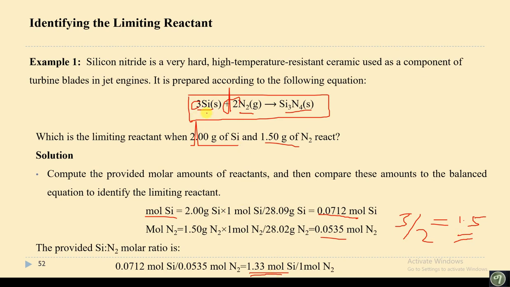So we can say silicon is completely consumed, so silicon is the limiting reactant. If it is less, silicon is limiting; if it is greater, silicon is in excess, so that nitrogen would be the limiting one.